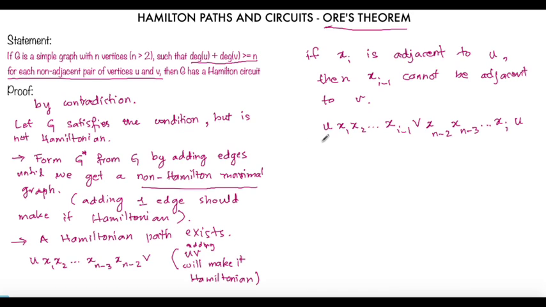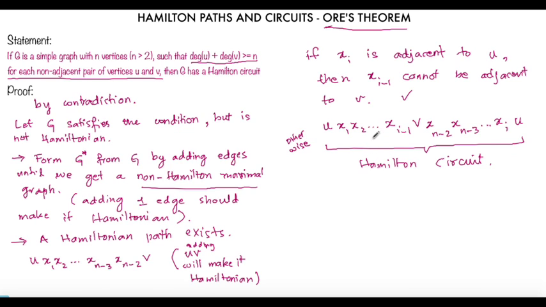So if this was false, then this would be a Hamiltonian circuit. So this means this is true, otherwise we get a contradiction.